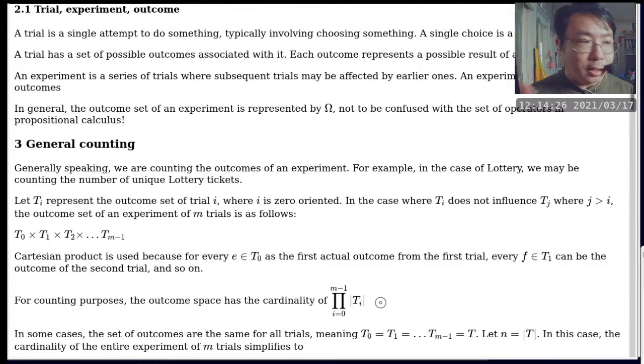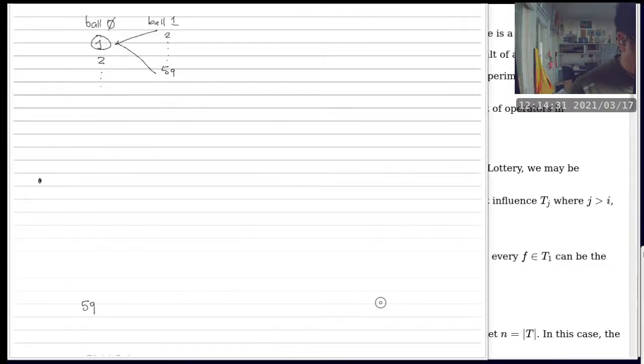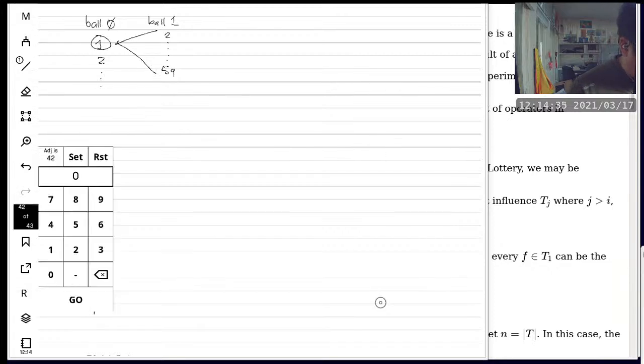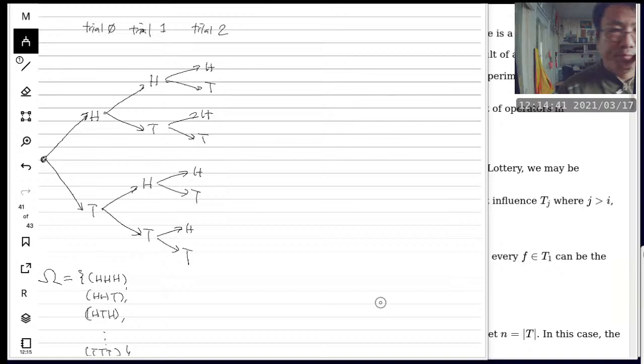So let's use an example. We'll go back to the tablet and look at the example that we just looked at a little bit earlier. This is page 42, so we want page 41. There we go. In this case, T0 is just head or tail.